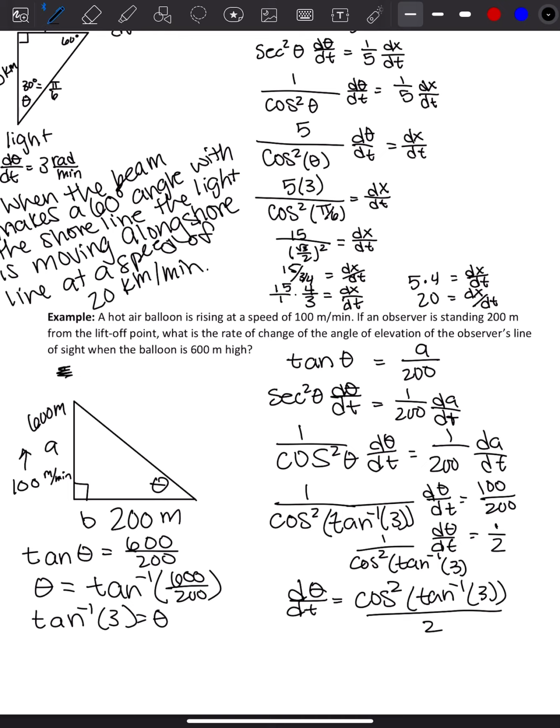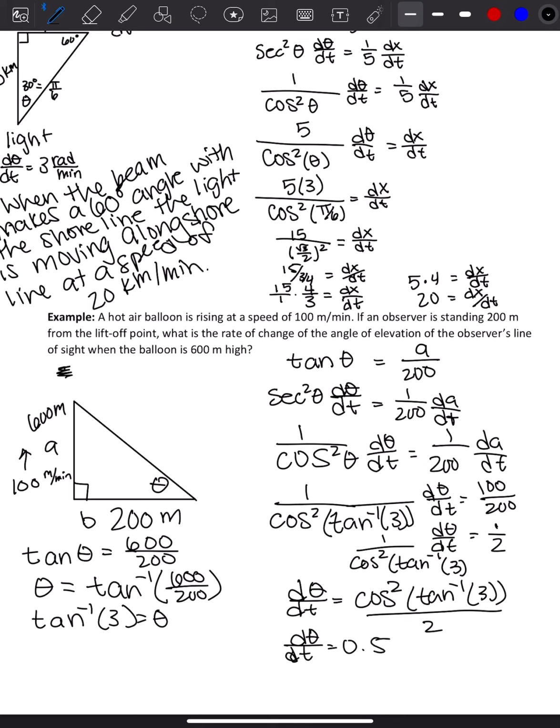If we plug this into a calculator, cosine squared, everything in the top is going to be 0.1, so 1/10, and if I divide that by 2, that's going to give me 1/20, or 0.5.